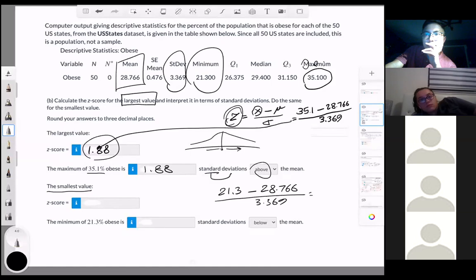What do we get for this one? Negative 2.22. It's negative, which means it's below the mean. So 21.3 is 2.22 standard deviations below the mean.